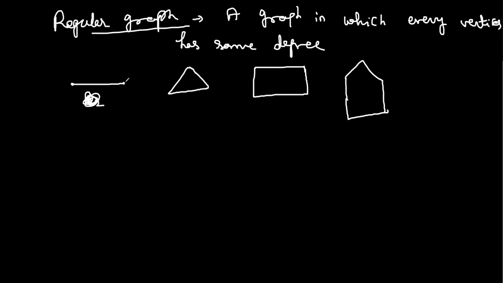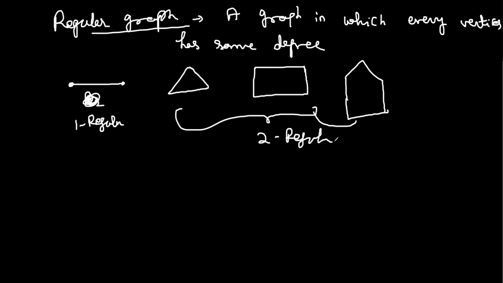Sorry, this is 1 regular, because each vertex has degree 1. This is 2 regular, right? This is 3 regular, because each vertex has degree 3, right?